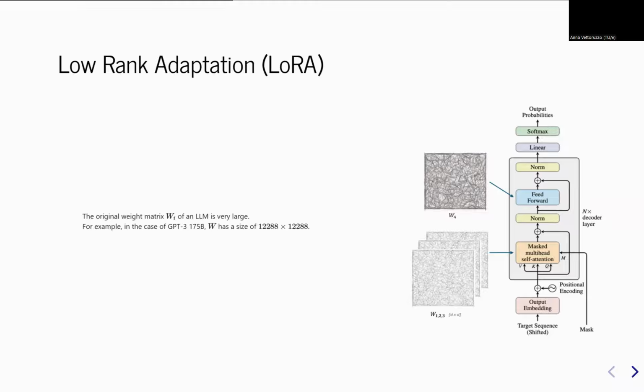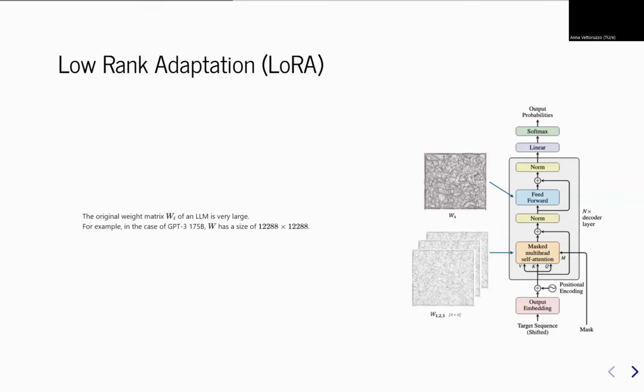So let's look once again at the architecture of the decoder transformer. You know already that there are different weight matrices that we need to learn in order to pre-train or fine-tune our model. And these matrices are huge.